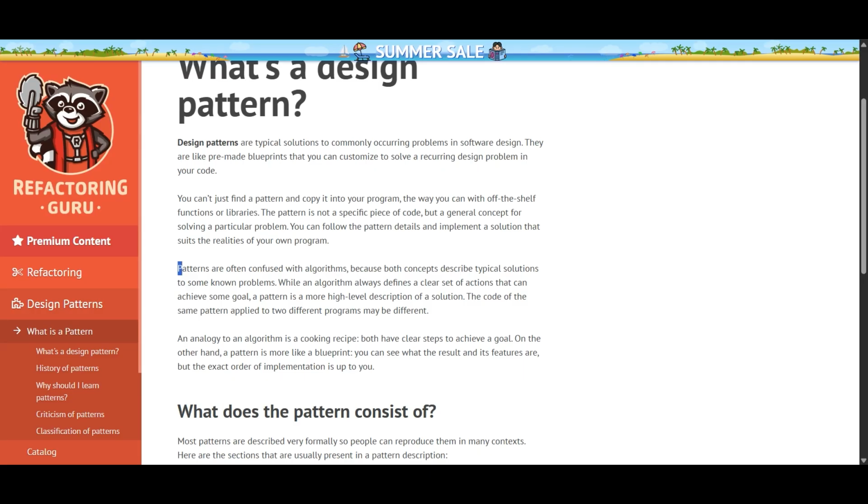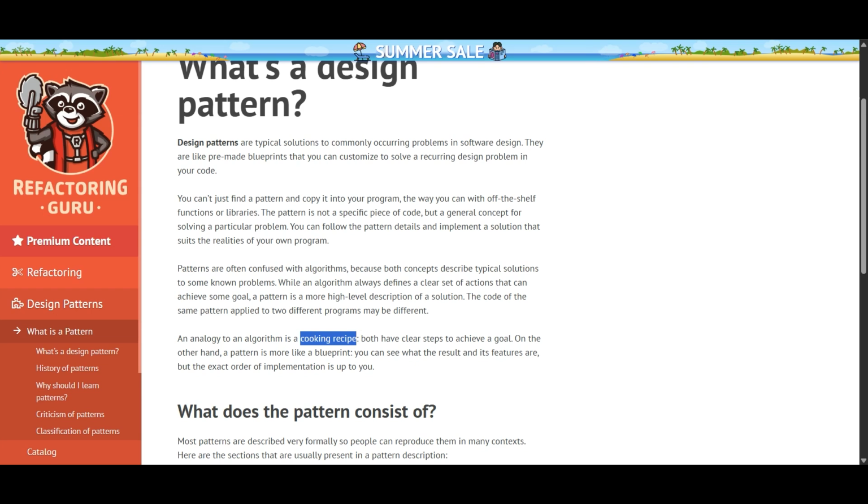And it talks about the difference between algorithms and design patterns. It says that algorithms are like cooking recipes: if you follow some certain clear steps, you have implemented that algorithm and your problem is solved. But as I said, design patterns are not like that.